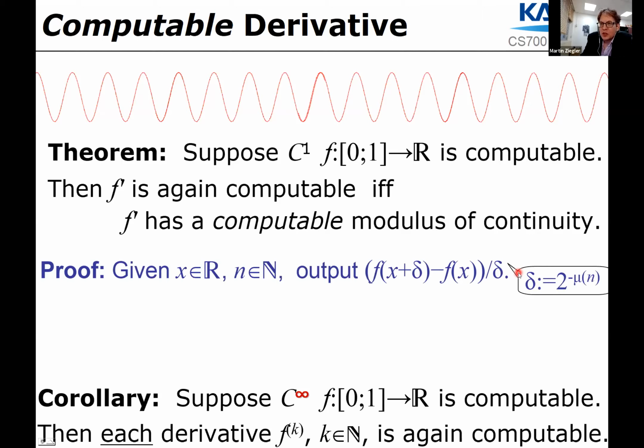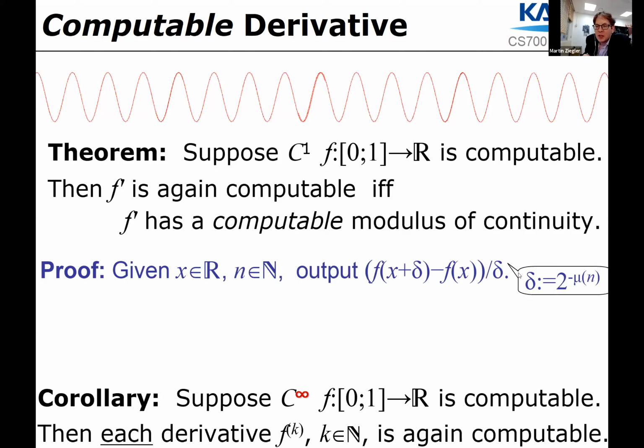Namely, we're going to choose a very specific value for delta. Namely, delta is 2 to the minus mu of n. And we can do that because that's where the hypothesis enters, right? Our hypothesis says that f prime has a computable modulus of continuity mu. And this is exactly this mu that we use here to choose delta.